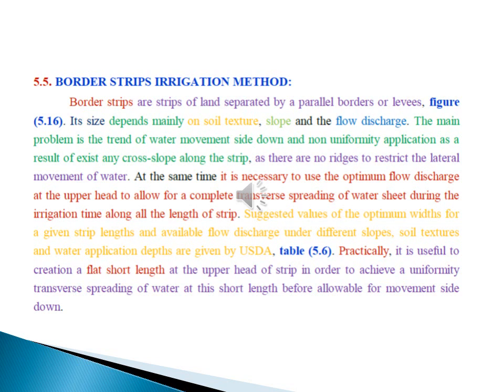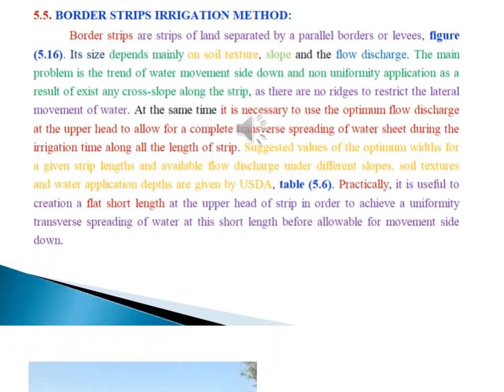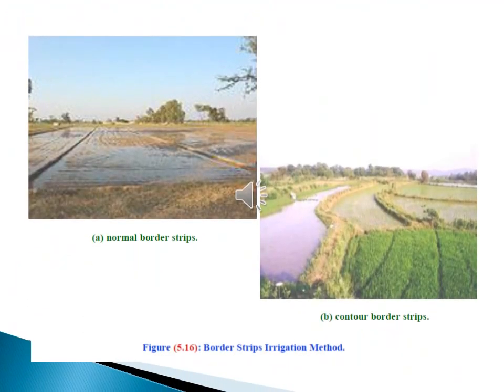At the same time, it is necessary to use the optimum flow discharge at the upper head to allow for a complete transverse spreading of the water sheet during the irrigation time along all the length of the strip, as shown in the enclosed figure. Figure showing normal and contour border strips irrigation method.